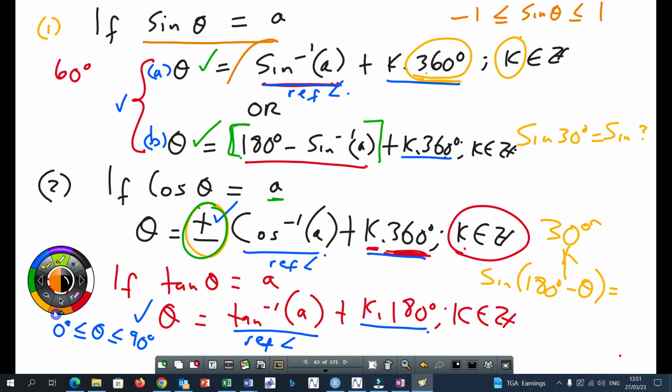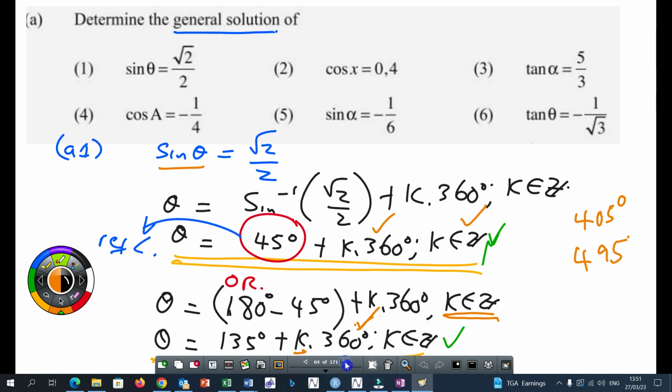If it's not acute, it will be a negative obtuse angle, which means it will be either for the fourth or the third quadrant, depending on the value. Then the second one that you get from here will be for the other quadrant. Marks are allocated for the general solution itself, not for writing quadrant 1, quadrant 2, reference angle. No, there's no need for that.